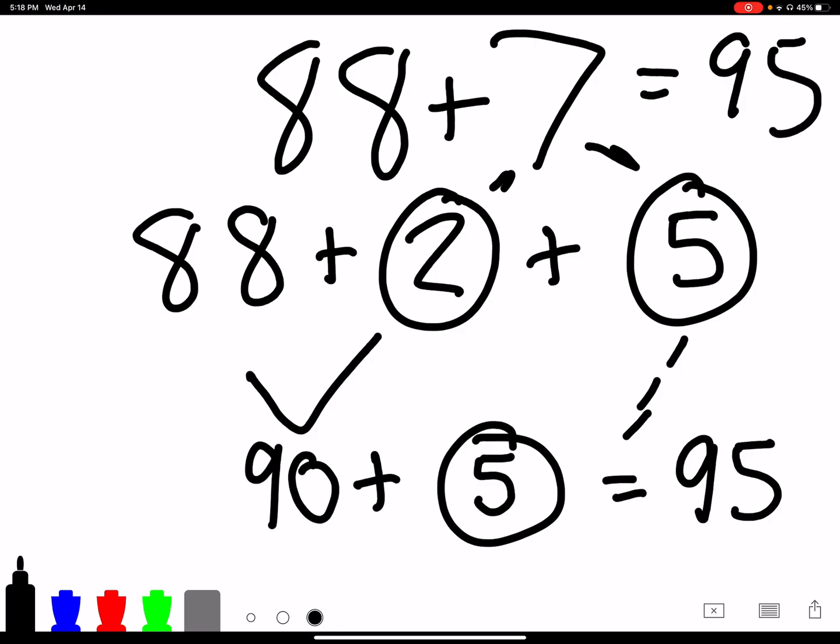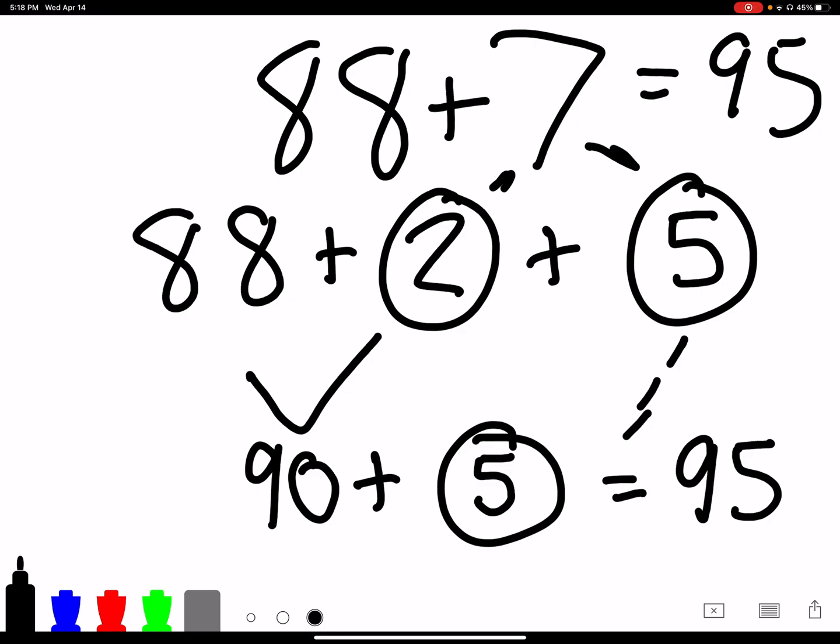But in this case, we're trying to make a 10 to make it easier to do addition, because if we make it a 10, we just have to add 0 to the ones place, whatever number we are leaving behind. So like 2 plus 5, and then bring the 5 down to make it 90 plus 5 is 95. So I want you guys to pay attention to close details like that, because we want to make sure we're putting in the right numbers in the right spots, because 88 plus 5 will not equal 90.